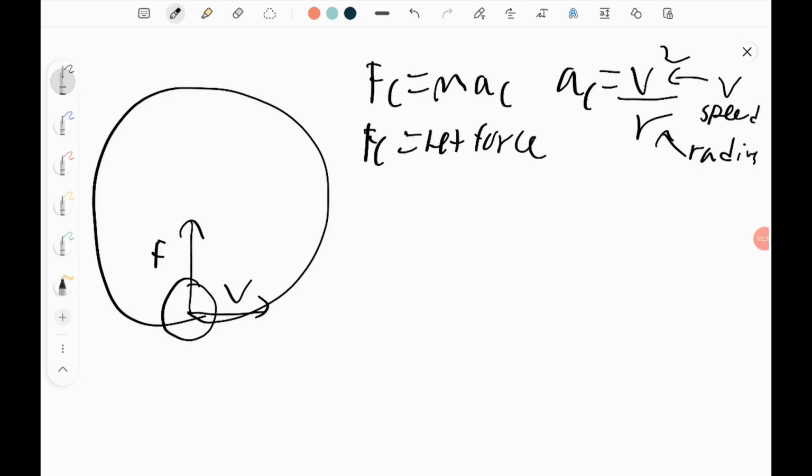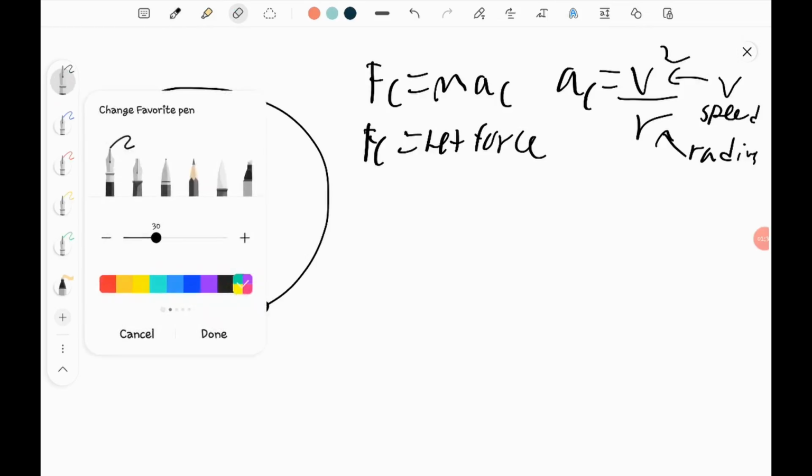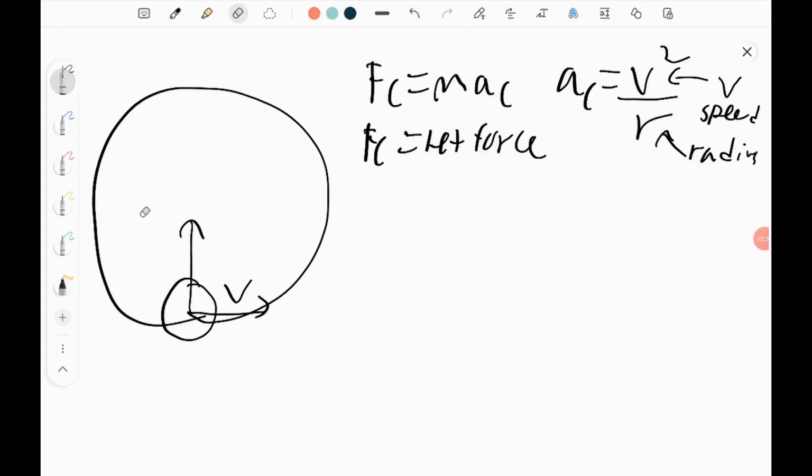So, for example, let's say we have a horizontal circle here, and the force pulling the ball in this circle is a tension. Let's say we have it on a table, and there's just a tension acting inward, causing the ball to move in a circle. So the net force on the ball is just the tension, because the tension is the only force that acts on the ball.